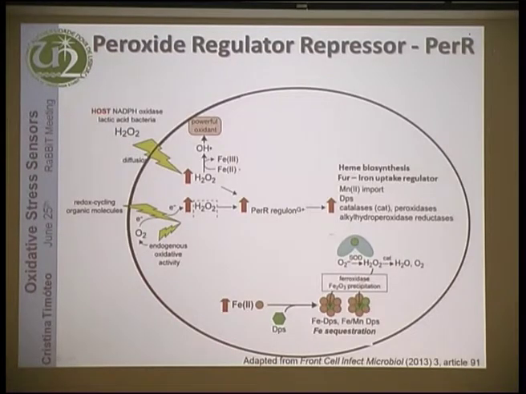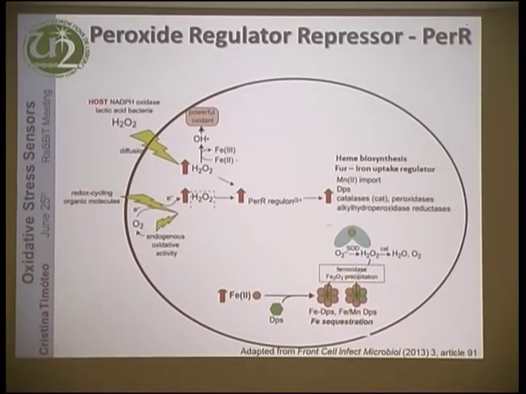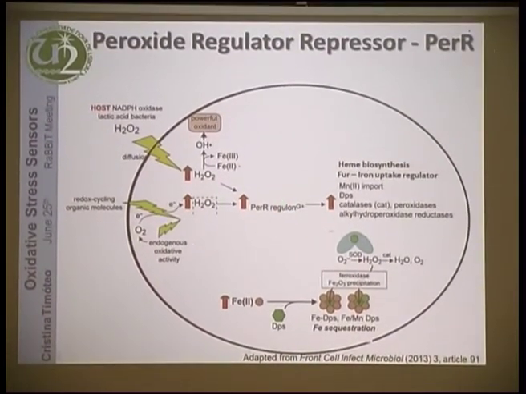Okay, so the regulon, which are the enzymes that are regulated by this sensor, includes catalases, peroxidases, DPS, the protein that Elise talked about yesterday that uses hydrogen peroxide and iron to produce rust inside, to accumulate iron inside as a storage.